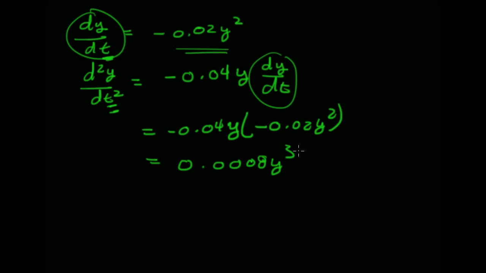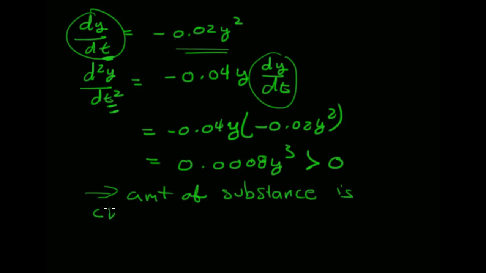But we know that that value, because we start at time 0 with a positive y, is always going to be positive, which means that the amount of substance is changing, though it's decreasing, it's changing at an increasing rate.